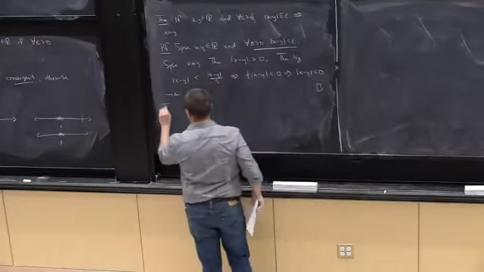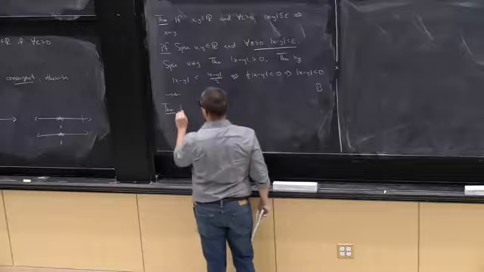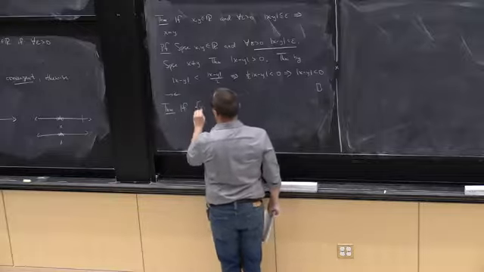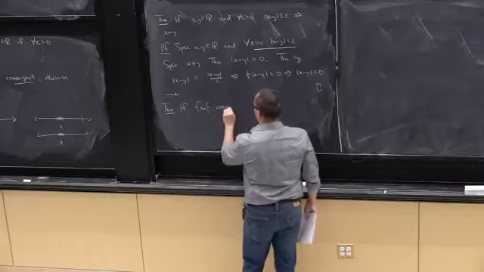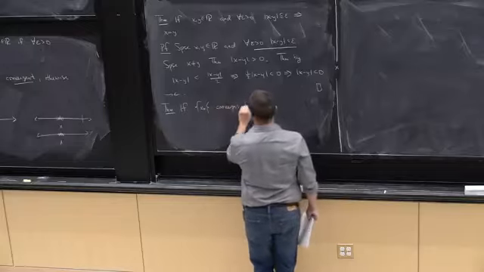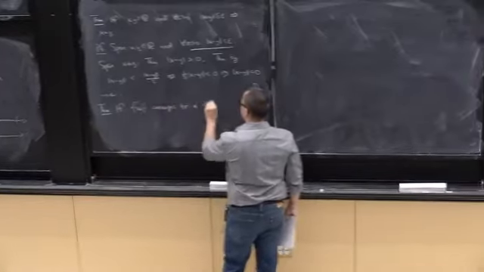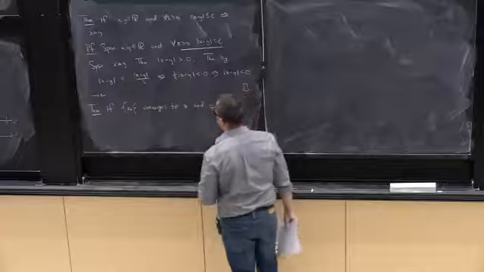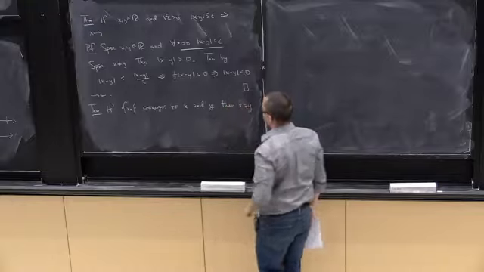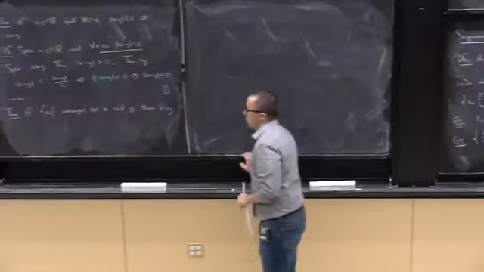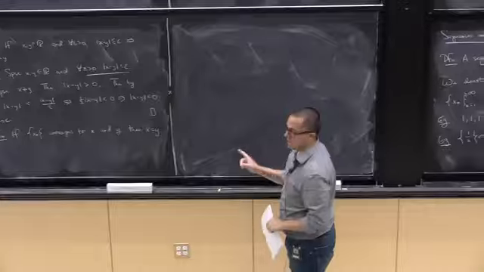So here's the statement of the second theorem. If x sub n is a sequence and it converges to x and it also converges to y, then x equals y. So a convergent sequence can only converge to one thing.